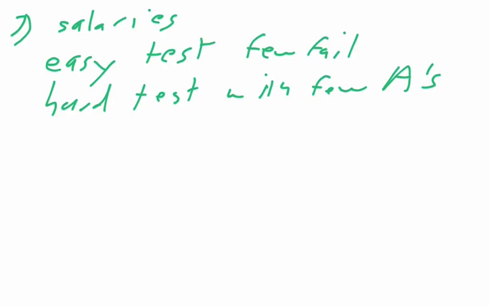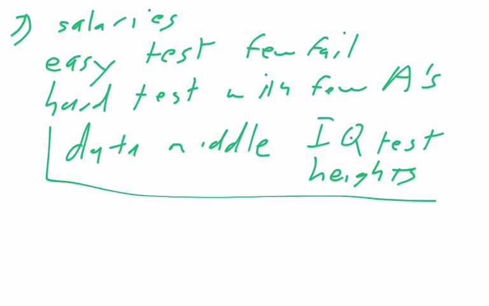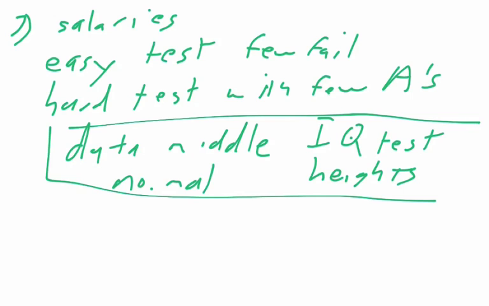Because chances are that would be skewed. What we're looking for in the normal distribution is most of the data in the middle, like IQ tests and heights. Those would be things that are approximately normal.